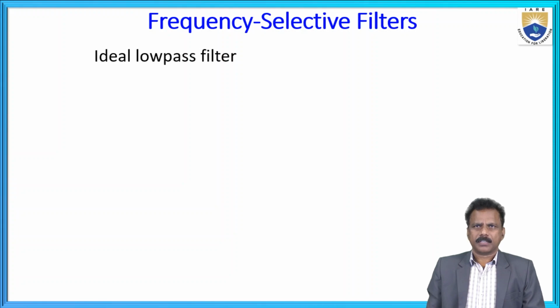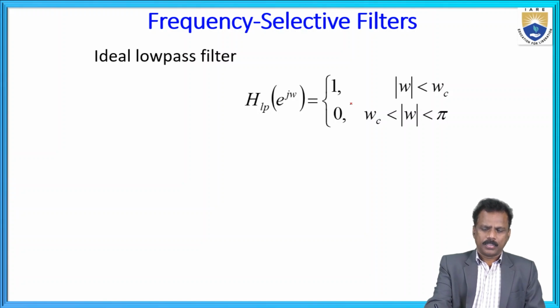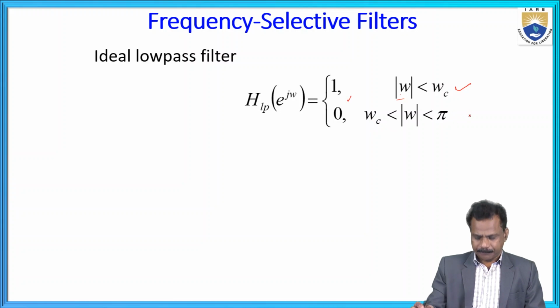Ideal low pass filters are required. You know the background of the ideal low pass filter. It is given by H_LP of e power j omega equal to 1 for mod omega less than omega c, and 0 for omega c less than omega less than pi.